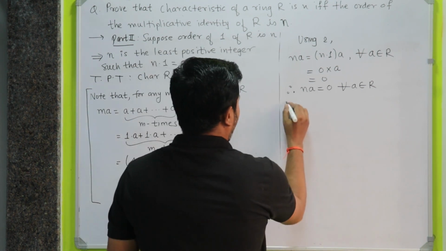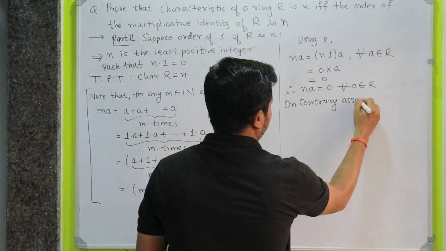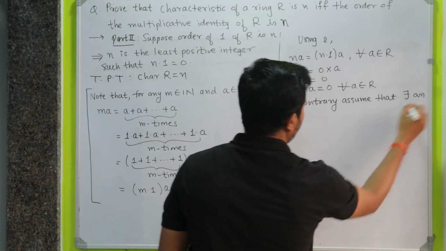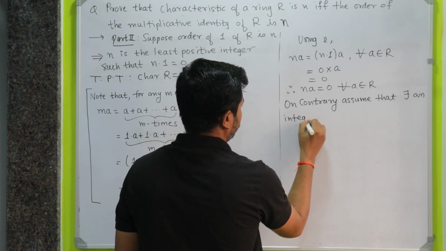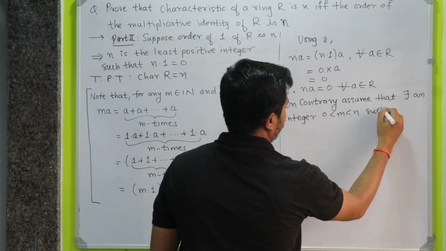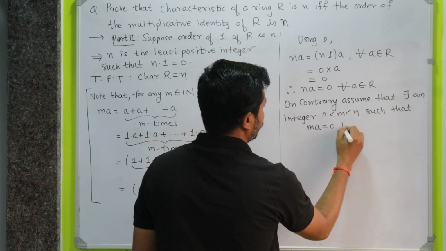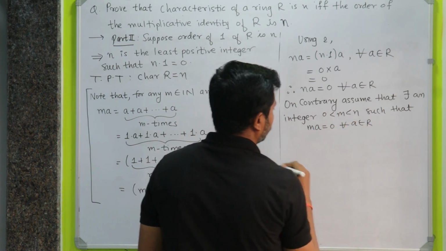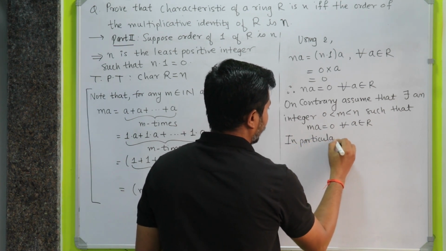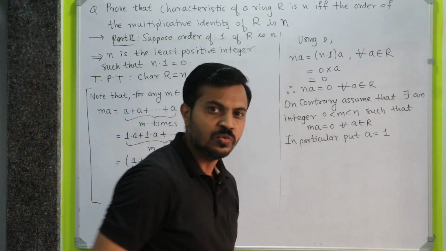So I will say, on the contrary, assume that there exists an integer m greater than 0 and less than n such that ma is equal to 0 for all a belongs to R. So in particular, let us put the value of a is equal to 1, which is our unit element.